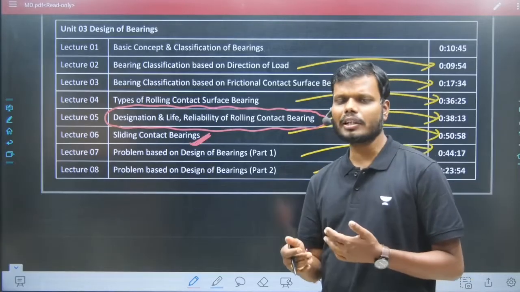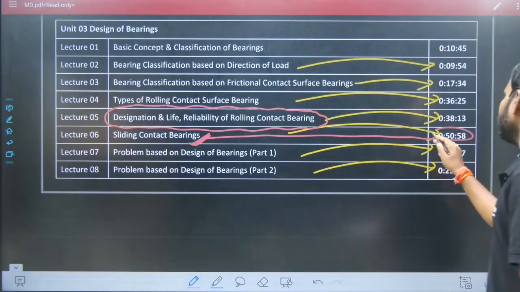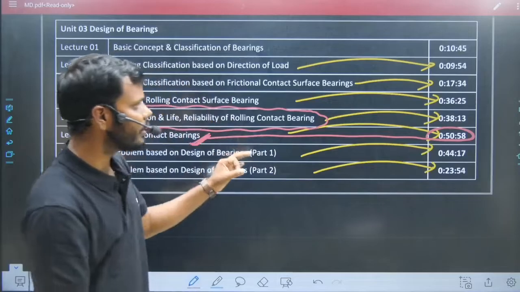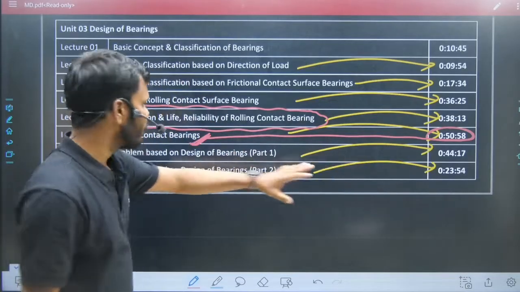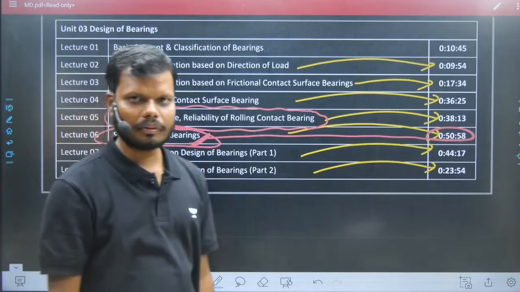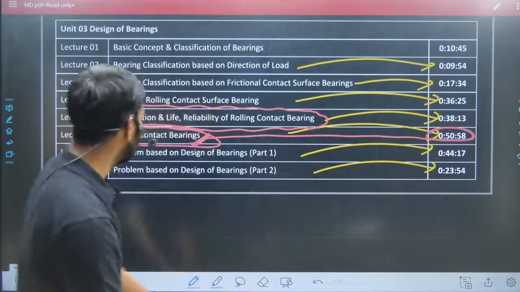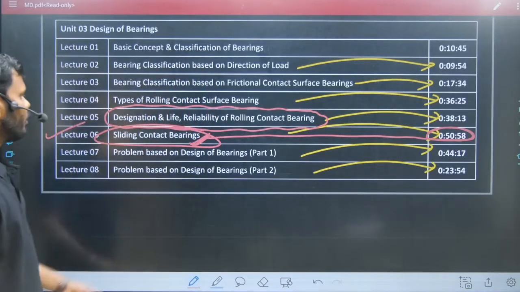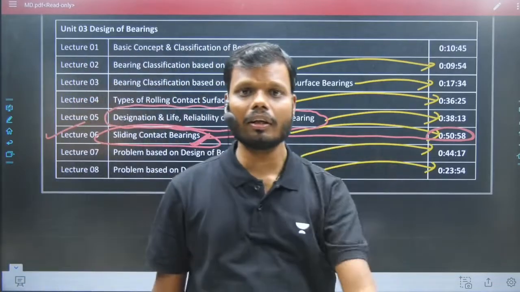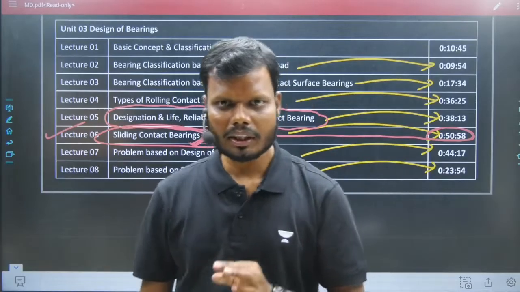All these applications will be covered in 50 minutes 58 seconds only. In just 50 minutes 58 seconds you can clear sliding contact bearing concepts directly. If you are confused about sliding contact bearing, then you can go to lecture number 6 and watch sliding contact bearings in 50 minutes 58 seconds, and you can clear your concepts very well. Clear that point? Okay, fine.